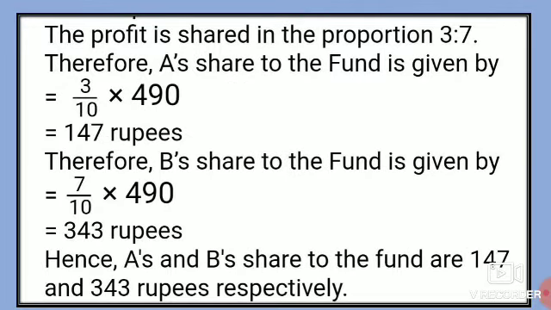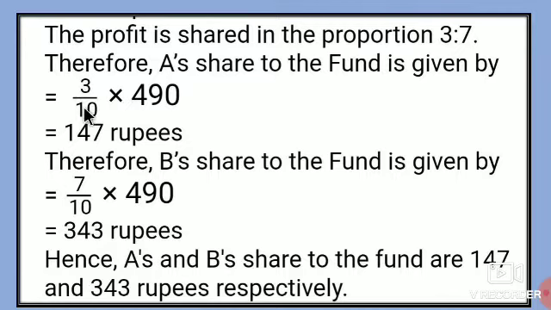The profit is shared in the proportion of 3:7. Therefore, A's share to the fund is given by 3:7. Means 3 plus 7 will be 10. Total parts of share are 10.